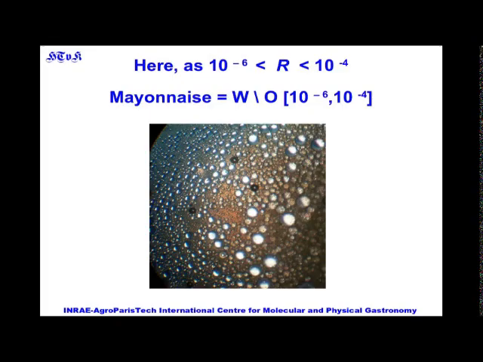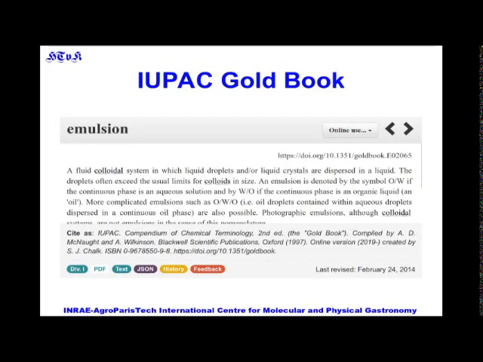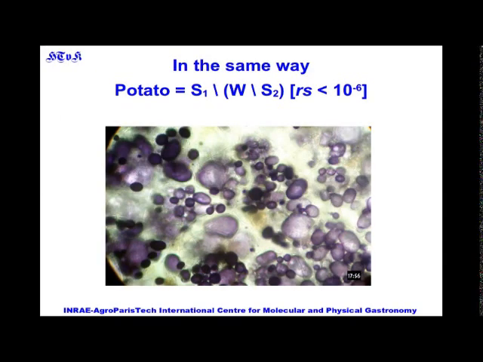You see, I don't describe the air bubbles, because they are details. Now, this is an emulsion, according to the Gold Book. Okay? And now, with the potato, that was difficult to describe, it's very simple. The potato is a solid, and in this solid, we disperse randomly some cells, not exactly randomly, but when we look with our eyes, we don't see any order.